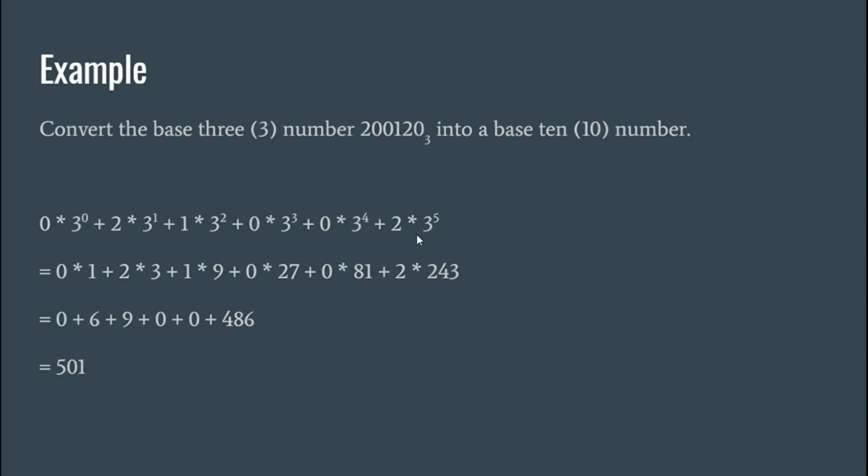Next, we evaluate the exponents. So 3 to the 0 power is 1, 3 to the first power is 3, 3 squared is 9, 27, 81, and 243. Then you multiply together, and all of these products you just add.